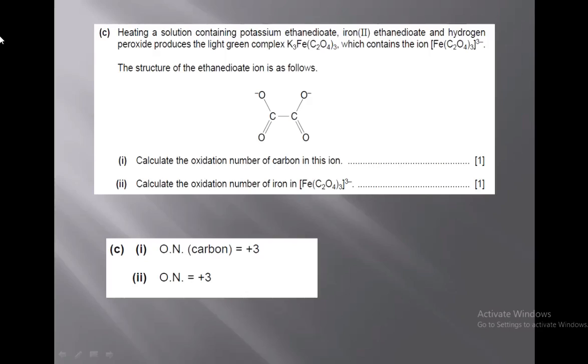So on the carbon, the oxidation state was 3 positive. Students have mistakenly written 4 positive, so avoid this mistake any further.